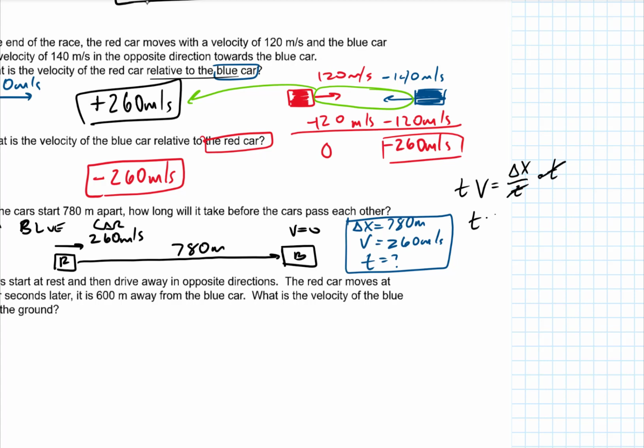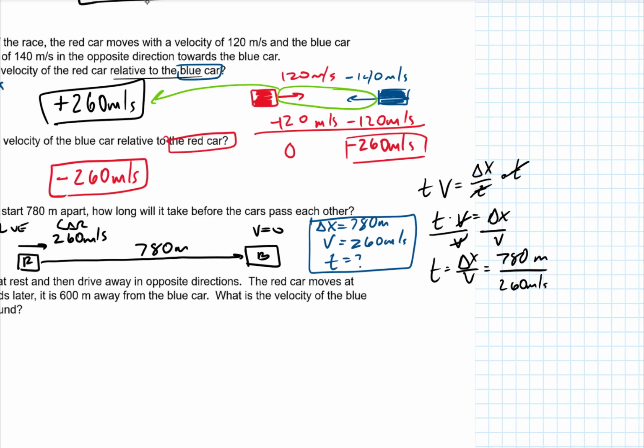Now I have time times velocity is equal to delta x, which we use quite a bit too, but if I want time by itself, we divide both sides by the velocity, and the time is equal to delta x over the velocity. So we have 780 meters divided by 260 meters per second, and that ends up giving me 3 seconds for him to cover that.